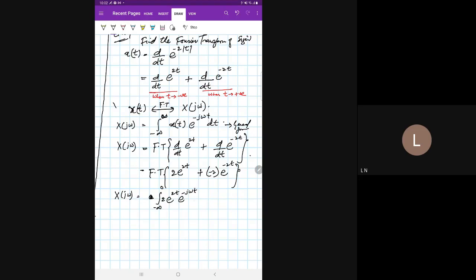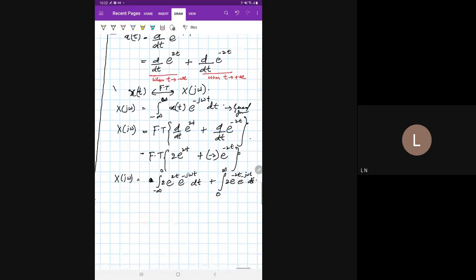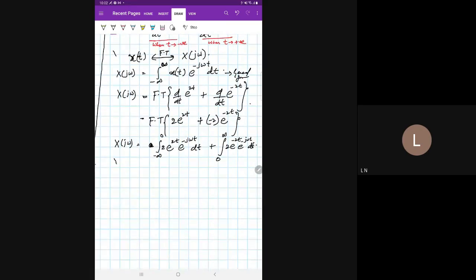This is the general form. What about the second part? It will be when t is positive, our limits will be from 0 to infinity. Then 2 times e raised to power minus 2t, okay, then e raised to power minus j omega t dt. So this is how the Fourier transform can be found.